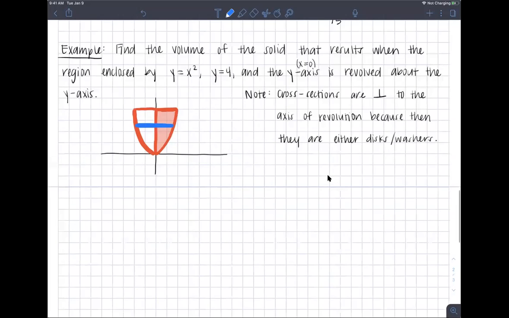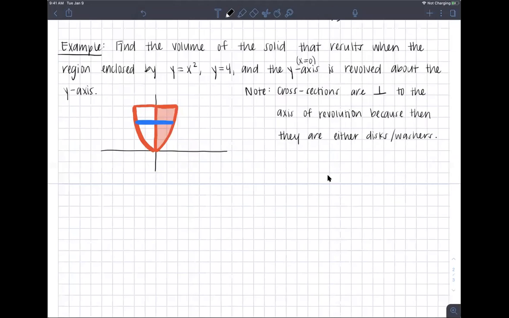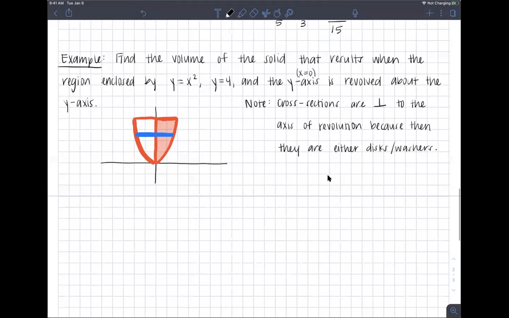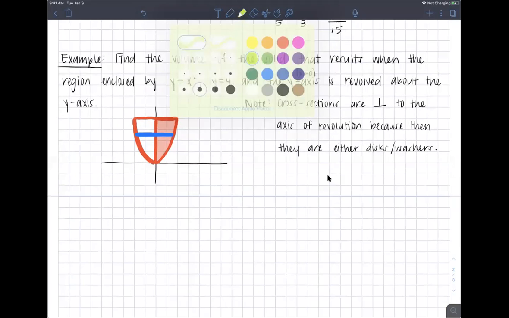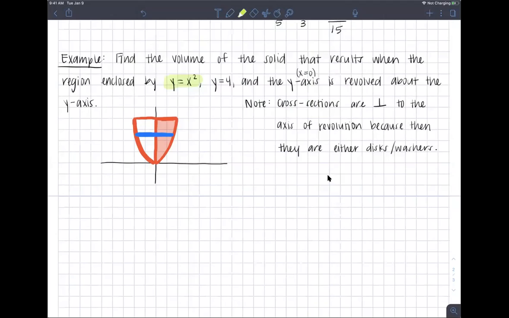And so here, what are our limits going to be? Oh, actually, before we can write out the integral, that's where I was going with that. Since I'm integrating with respect to y, what is wrong with that?